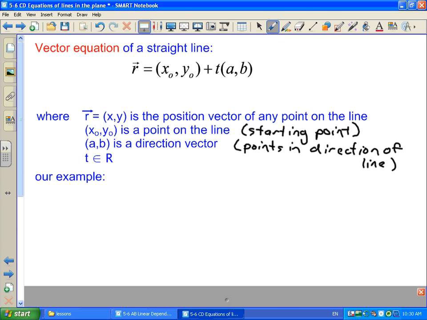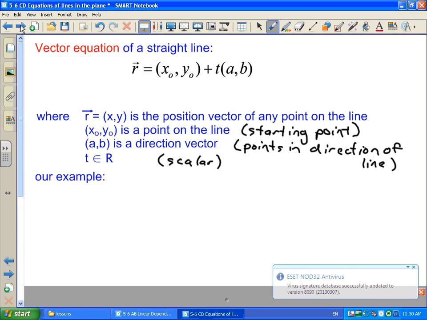And we take AB and we multiply it by some scalar, okay, to go further along the line or less far along the line, or the opposite direction along the line. Okay? And what this vector specifies in the end is the position vector of any point that is going to be located on this line.